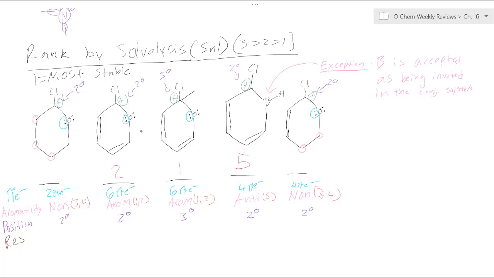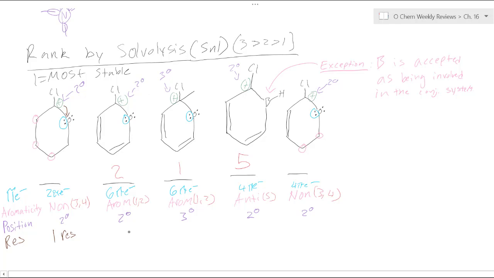Now, this one only has one because it can resonate with that lone pair right here. That charge, you're looking at resonance with that charge. So that charge can resonate with this lone pair.